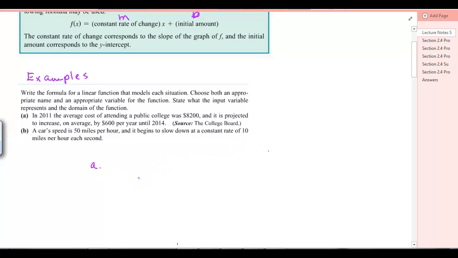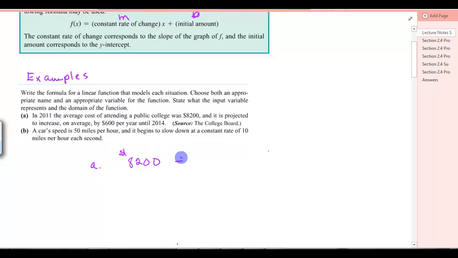In 2011, the average cost of attending a public college was $8,200, and it's projected to increase on average by $600 per year after 2014. All right, so we're talking about starting at 2011. So what's the cost at the start? $8,200.